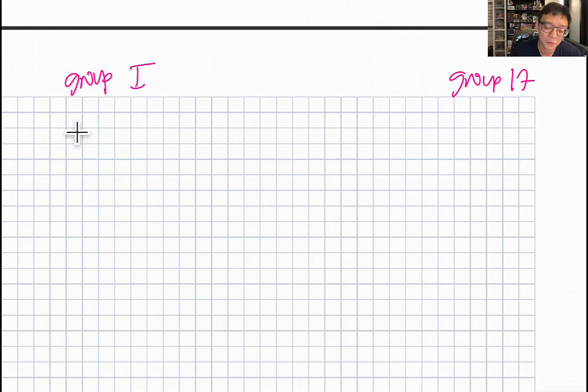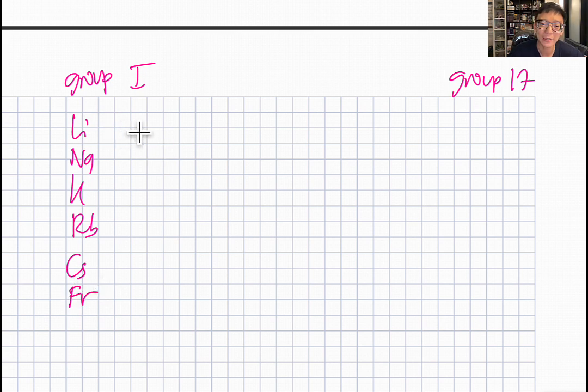We can discuss also reactivity, but reactivity is mostly more interesting in group 1 and group 17. So group 1: lithium, sodium, and so on down to francium.